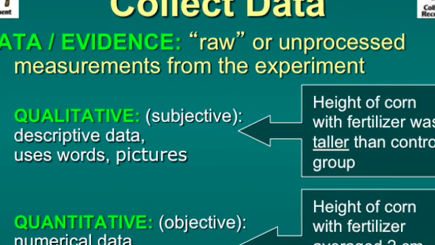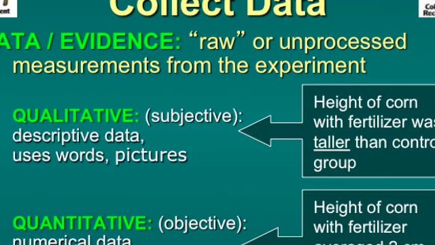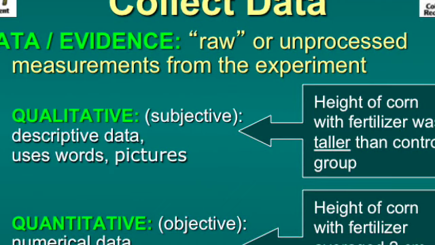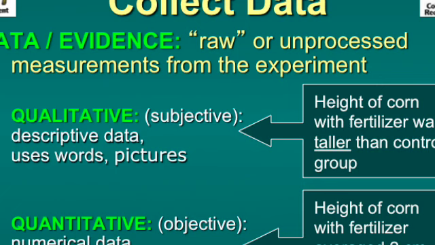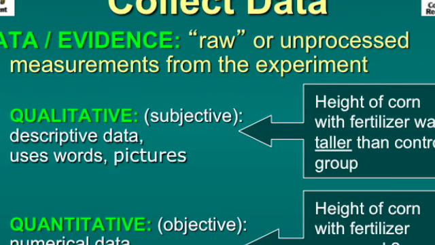So in this case, our data would be that the height of the corn with fertilizer averaged 2 centimeters taller than the control group. I'm still saying the same thing, that the plant is taller, but by using quantitative data or numbers, I'm being more specific.